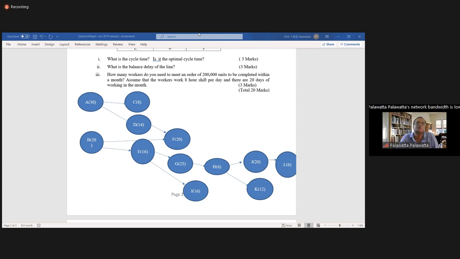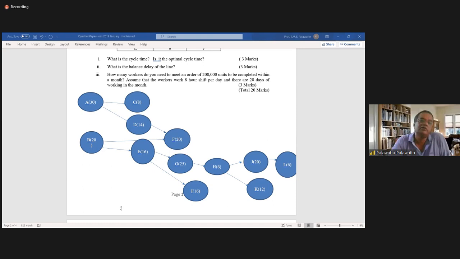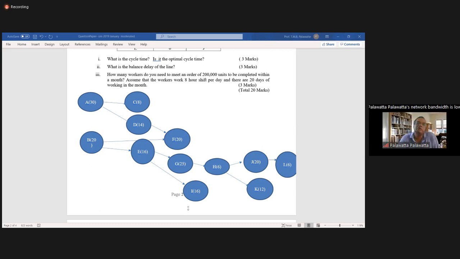So to produce the order, we need 11 assembly lines, and 11 assembly lines means you need workers: 11 times 12. You need 132 employees to produce the order.